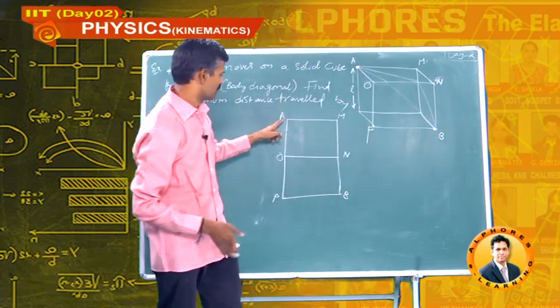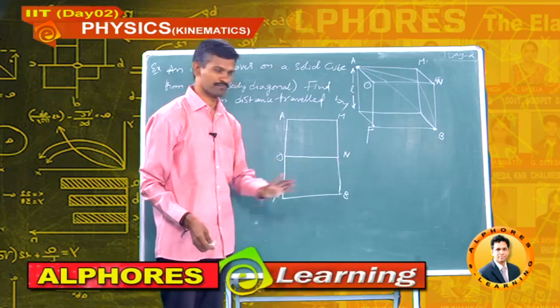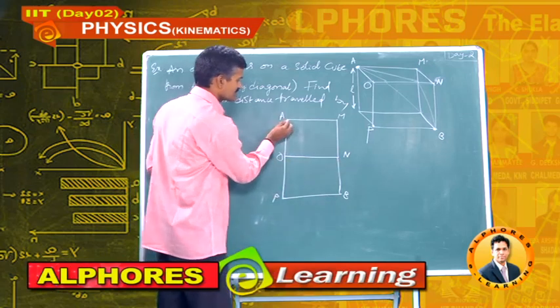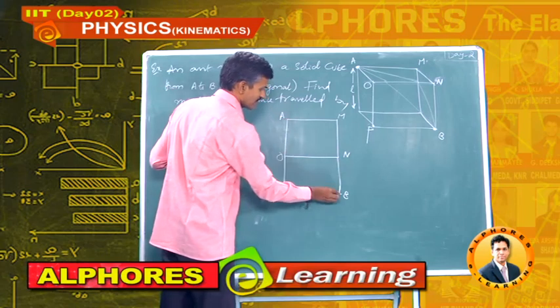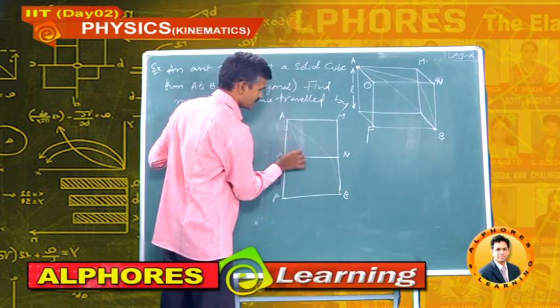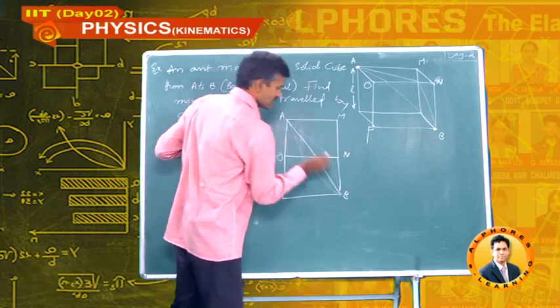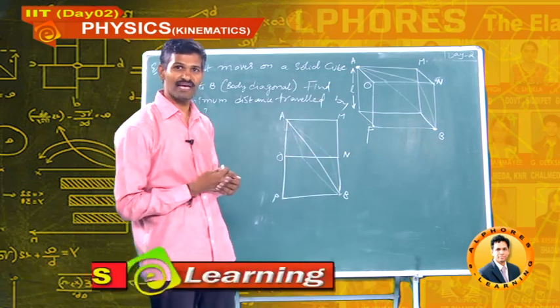I am opening the face upside, so it will be like this: A, M, N, O, P, Q. If the ant travels from this point to this point, it may travel like this, or it may travel like this, but I think this is the shortest distance traveled by the ant.